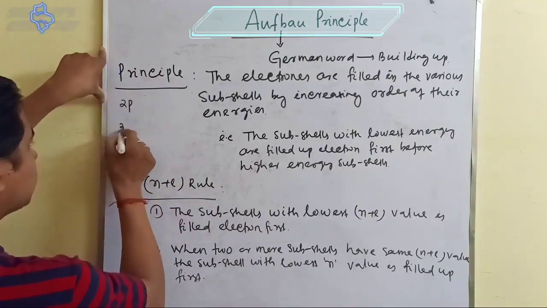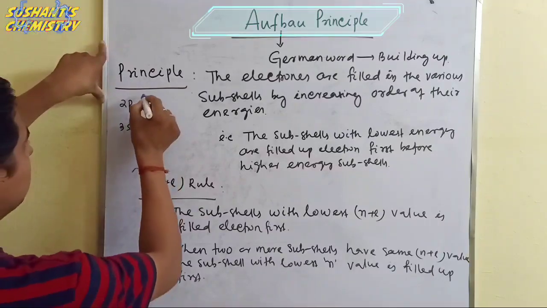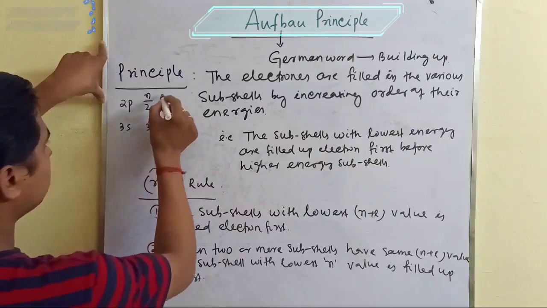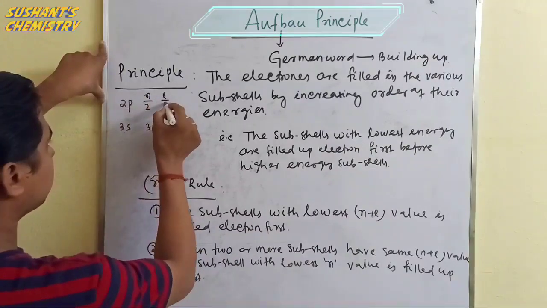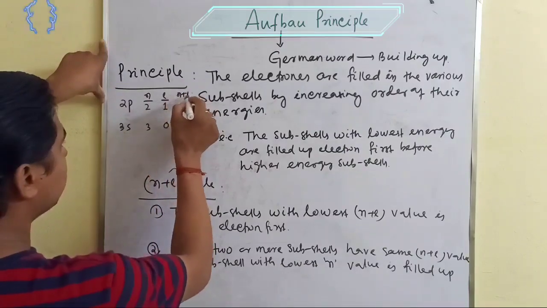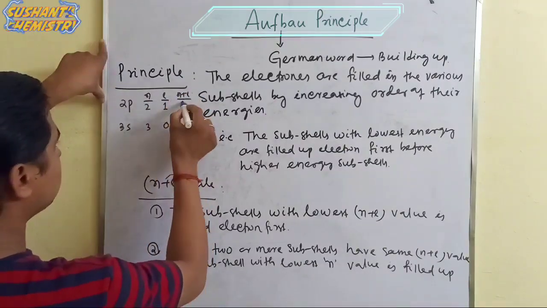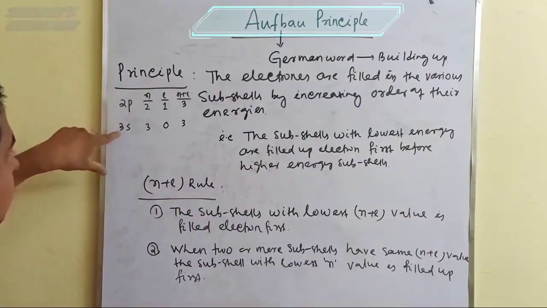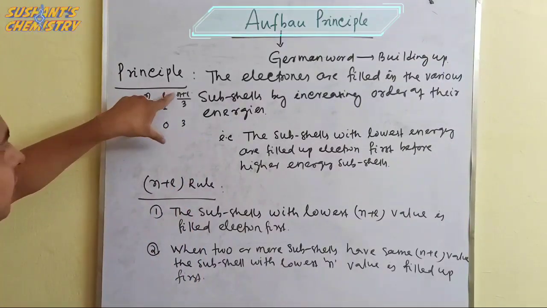That means for 2p and 3s orbitals, the value of n equal to 2 and 3, l value for p is 1, for s is 0. n plus l becomes 2 plus 1 equal to 3, and 3 plus 0 equal to 3. In this case, for 2p and 3s subshells, the value of n plus l remains the same.